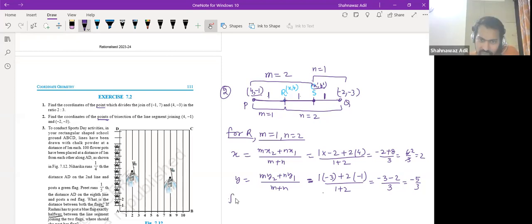So now for S, we have to calculate the point. So now we know that R is 2 comma minus 5 by 3. Now we have to calculate this S. So for S, M is 2 and N is 1. Right.